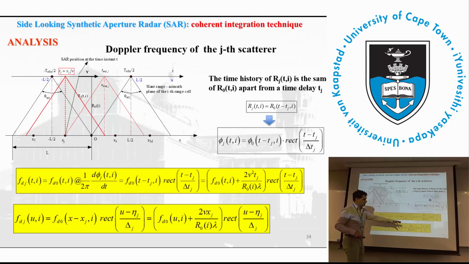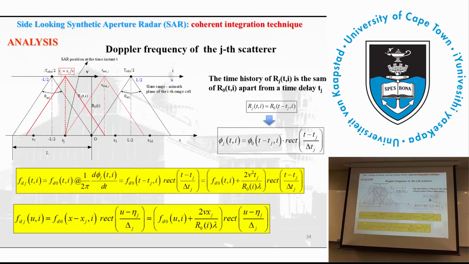This term is constant. That doesn't depend on t. See? So it's almost like I have shifted up or down my Doppler frequency. So that's a constant frequency shift that is linearly dependent on this tj.